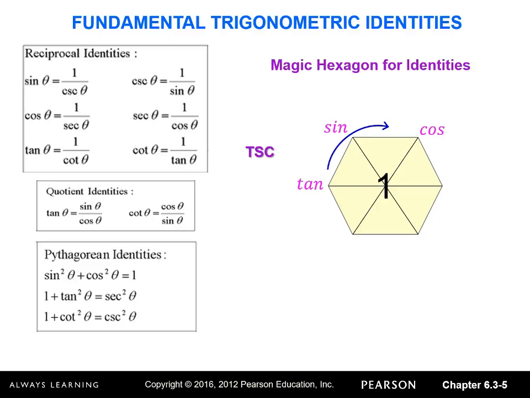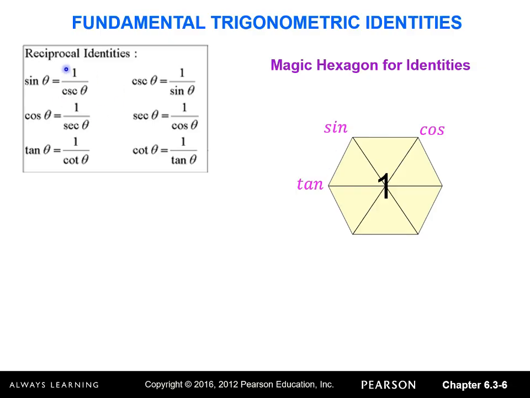So let us start. The first reciprocal identity is sine theta equal to 1 over cosecant theta. So here, sine theta is equal to 1 divided by cosecant theta. If you are using a straight arrow, that is division. Again, sine theta is equal to 1 divided by cosecant theta, and that is the first reciprocal identity.